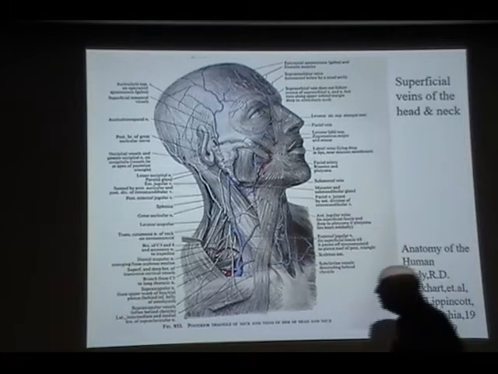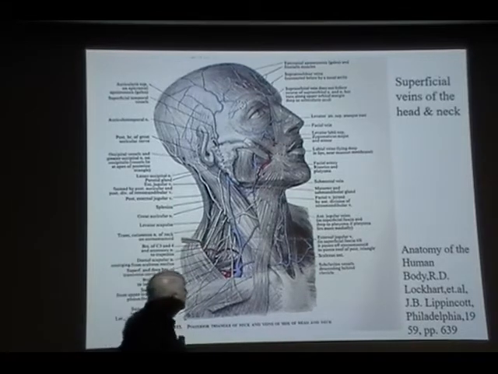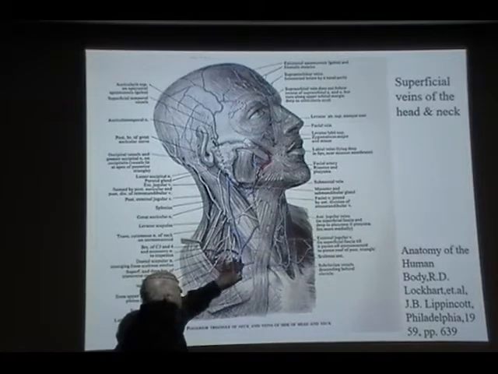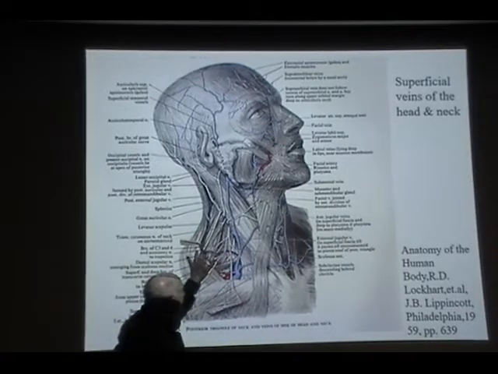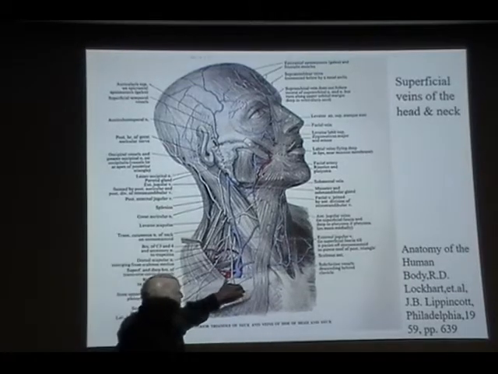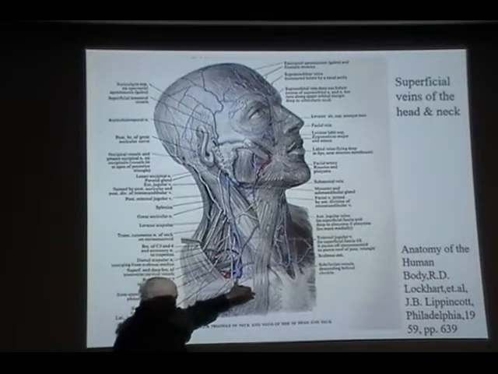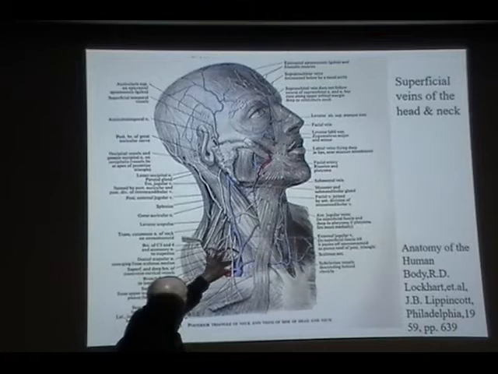So this over here, posterior external jugular. Okay. Here is a transverse cervical artery and a transverse cervical vein. Okay. Here is a subclavian artery and a subclavian vein. This is what triangle? Here's the omohyoid.